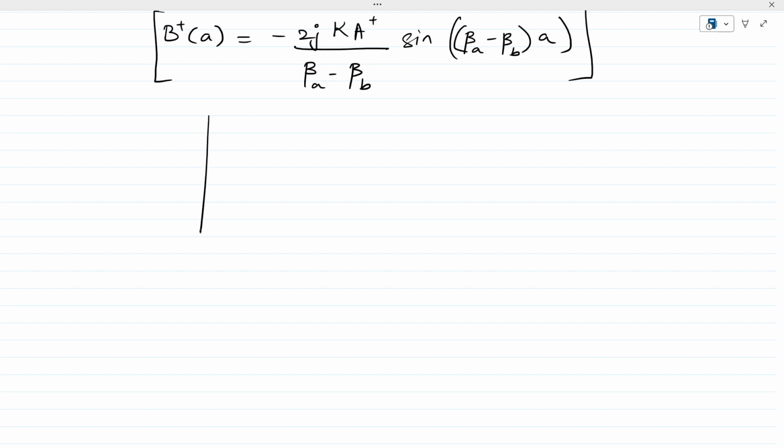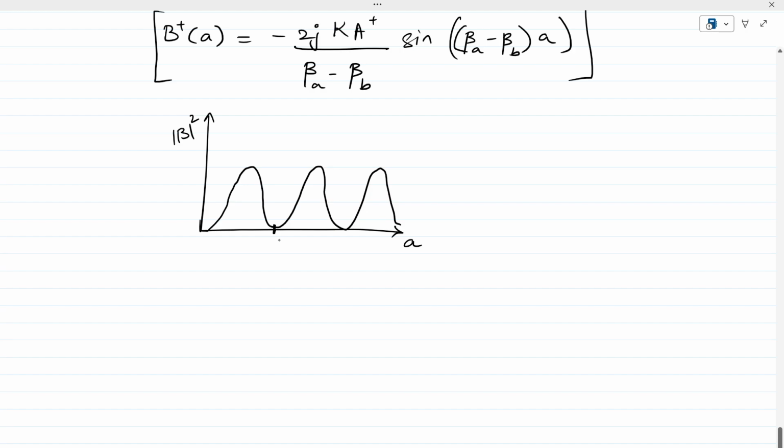If I plot the intensity of mode 2 as a function of a, or even you can say z, as my perturbation length increases, the magnitude of b squared increases from 0 and varies sinusoidally.